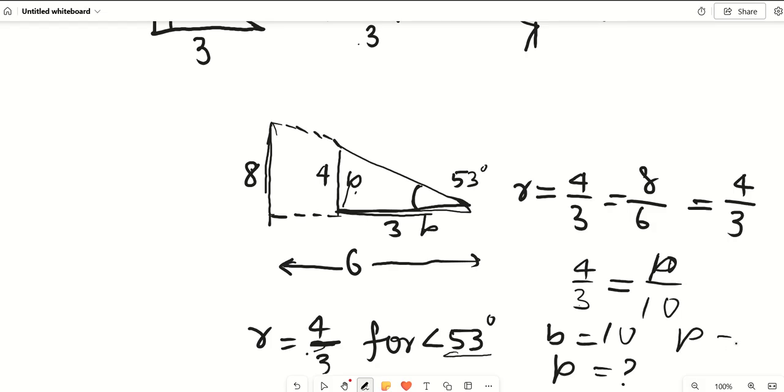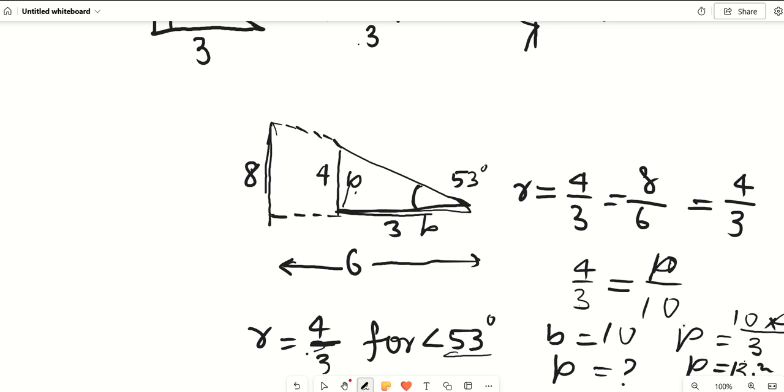So P equal to 10 into 4 by 3. P equals 40 by 3, that is 13 point something.